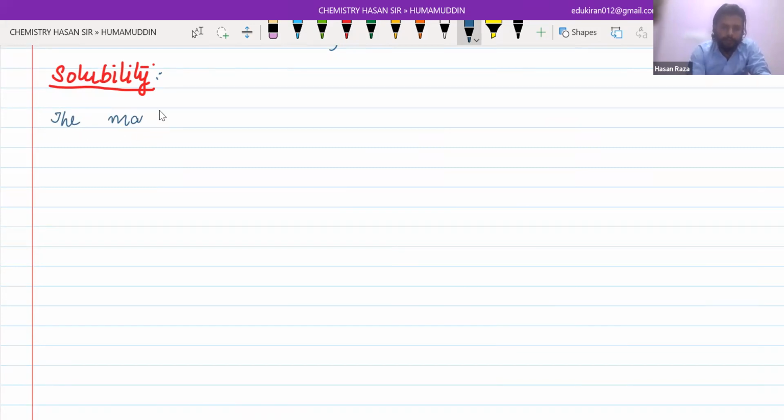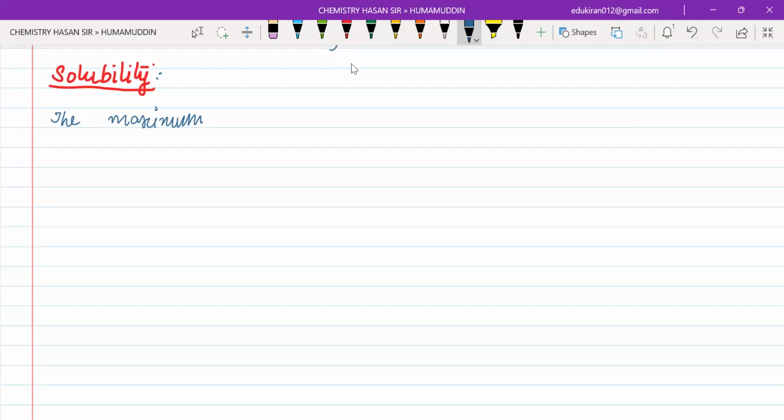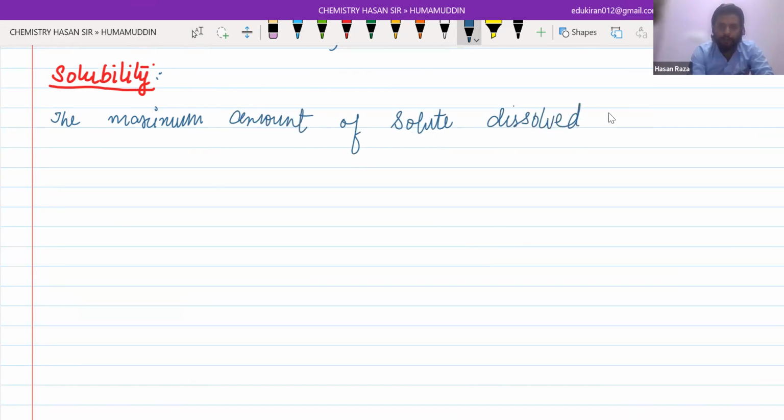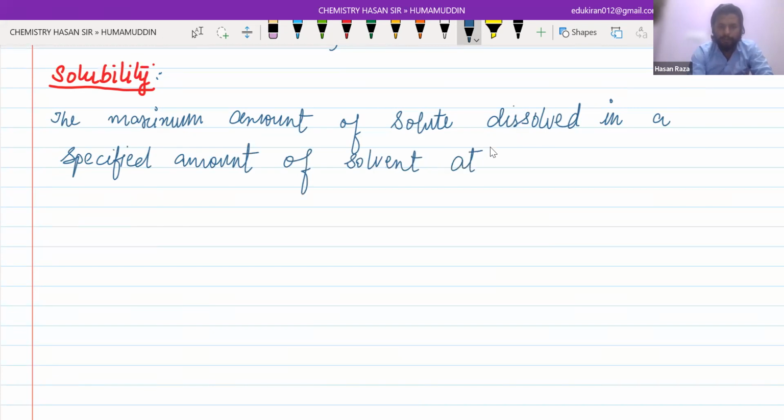The maximum amount of solute dissolved in a specified amount of solvent at constant temperature, because temperature does affect the solubility.